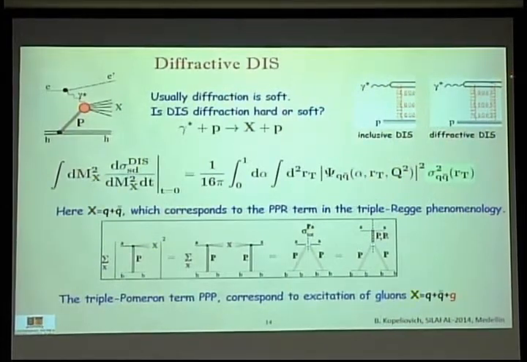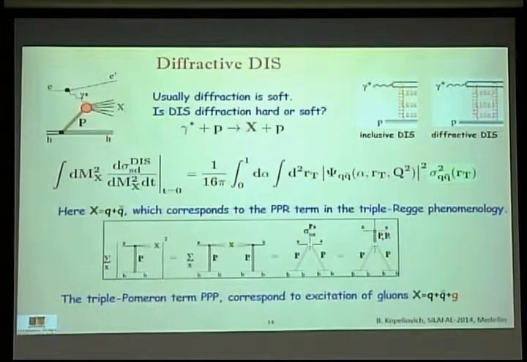And then you produce QQ bar, which decays to QQ bar and gluon, so this is what is called X here. So in both cases, you produce QQ bar, but here you produce two colored jets, and here you produce a colorless jet system.